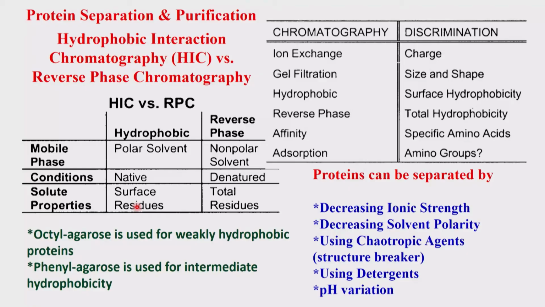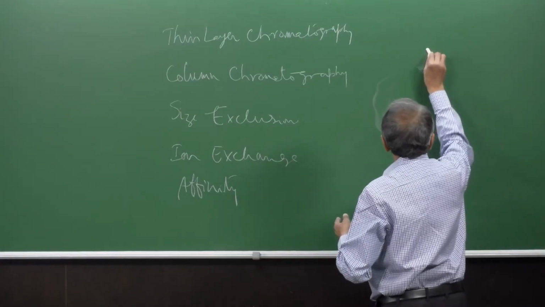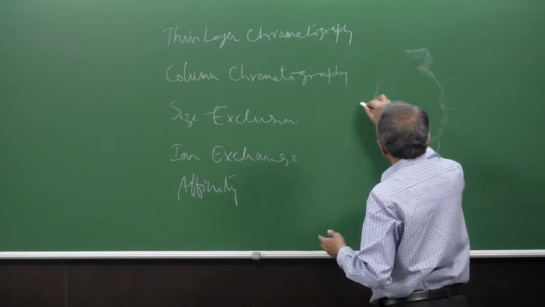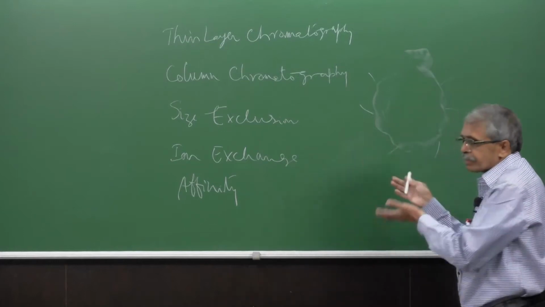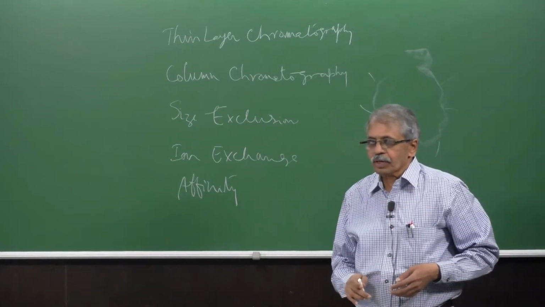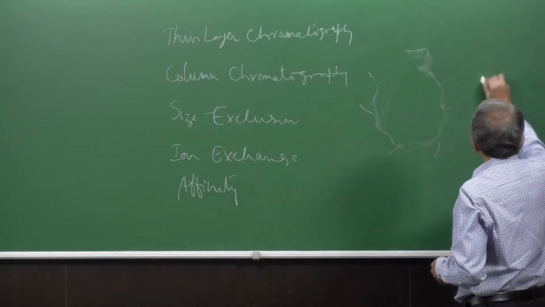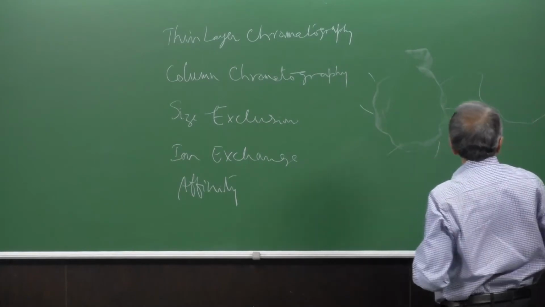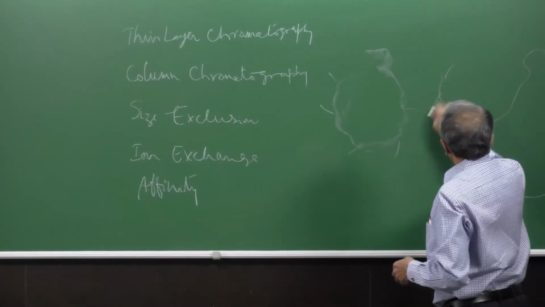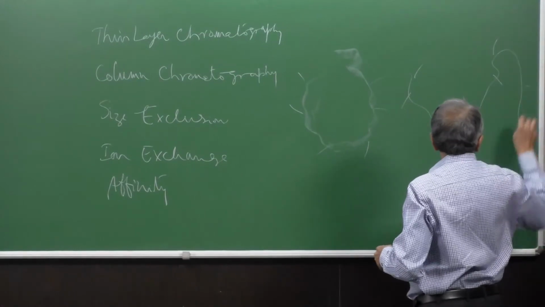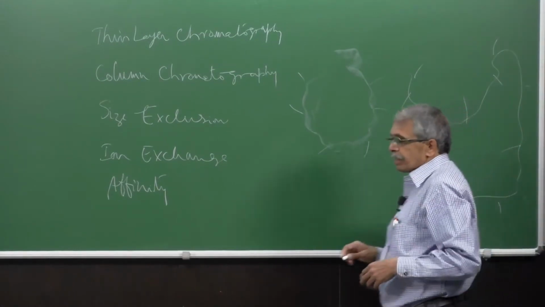And then what kind of properties of the protein are involved in the hydrophobic interaction case? It is the surface residues, only those residues which are present on the surface. Suppose this is the protein, so you have some residues coming out, and this is what you are talking about. And in case of denatured, the protein will be opened up, so everything is open. So there is nothing called exterior or interior.